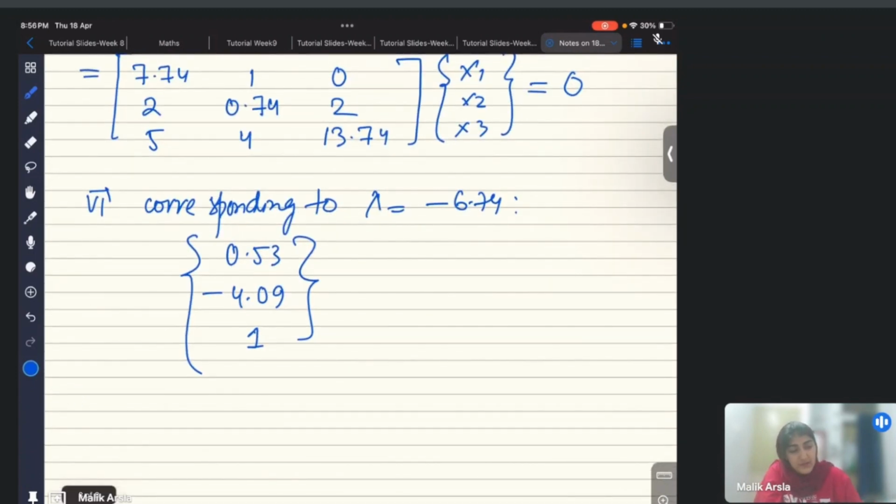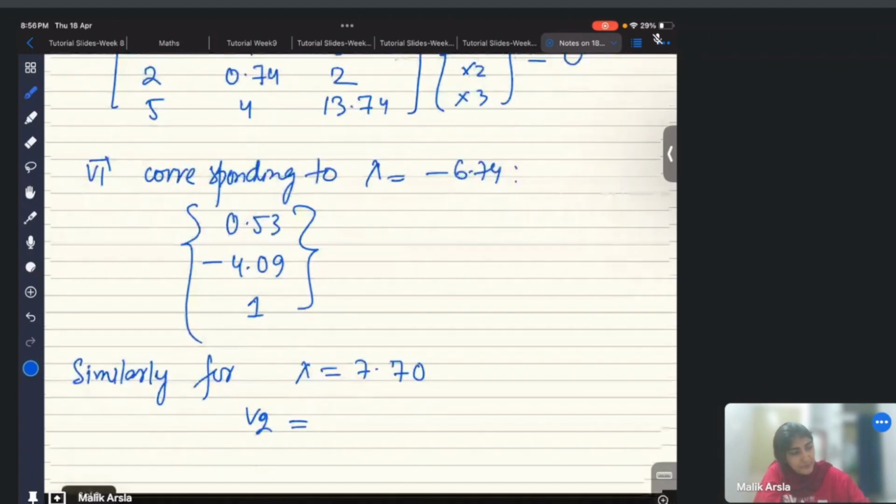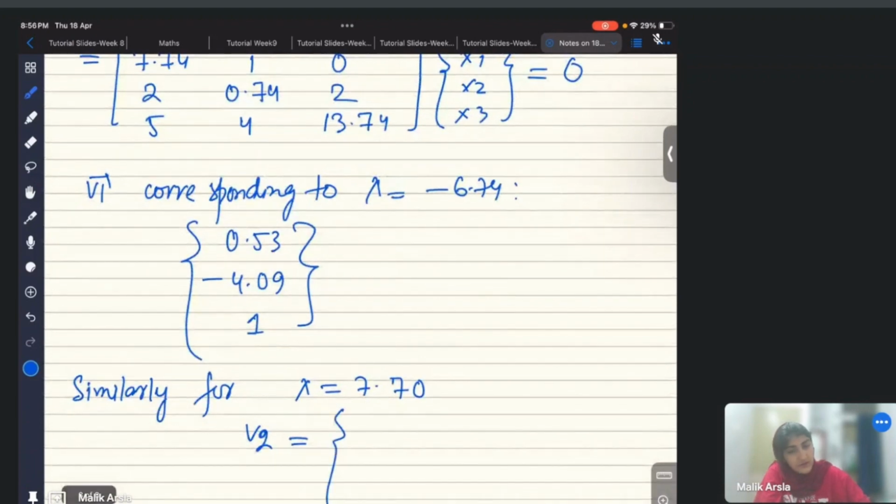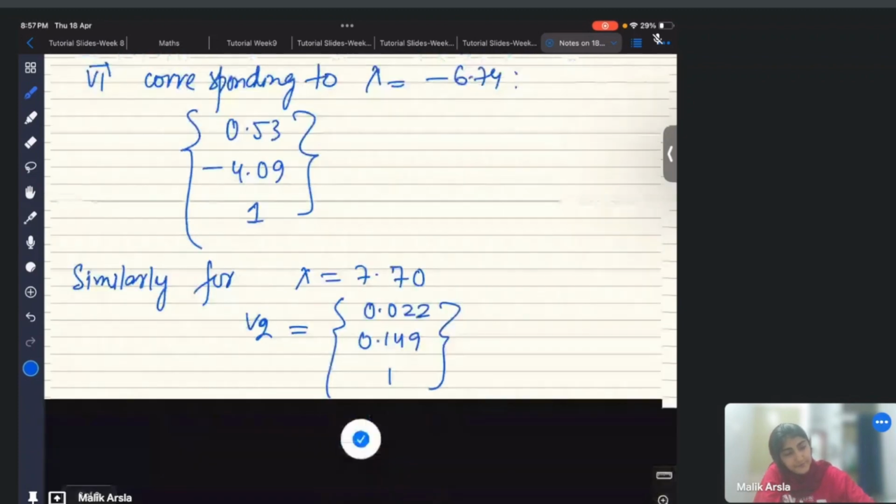Now similarly for lambda equal to 7.70, we have v2 equal to 0.022, 0.149 and 1.